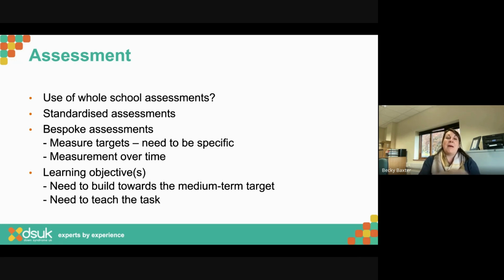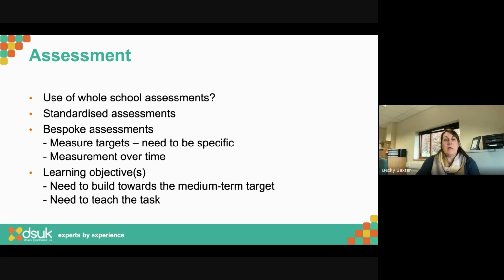That's where you want to be thinking about, I knew at the beginning what I was going to test. I've made sure that I've got loads of repetition, and now that's going to lead and guide my assessment. Be doing a bit of a measurement over time as we're in the lesson. I'm going to do that bit of recording and feedback, but maybe they have their assessment at the end.